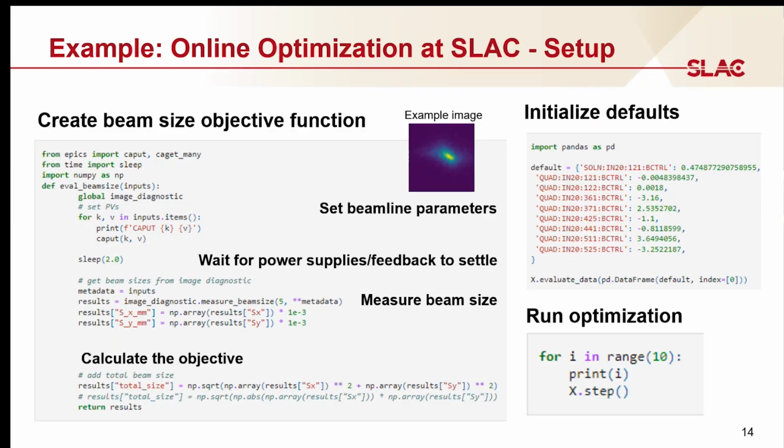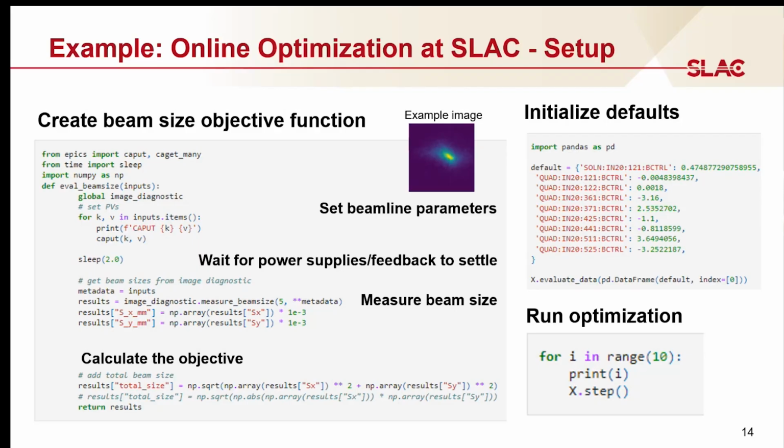In this case, our evaluation function has multiple steps inside of it. That includes setting the beamline parameters. So this is setting commands to the power supplies of magnets and the phase of RF (radio frequency) cavities. We wait for these power supplies to reach their set points. We then conduct the measurement.